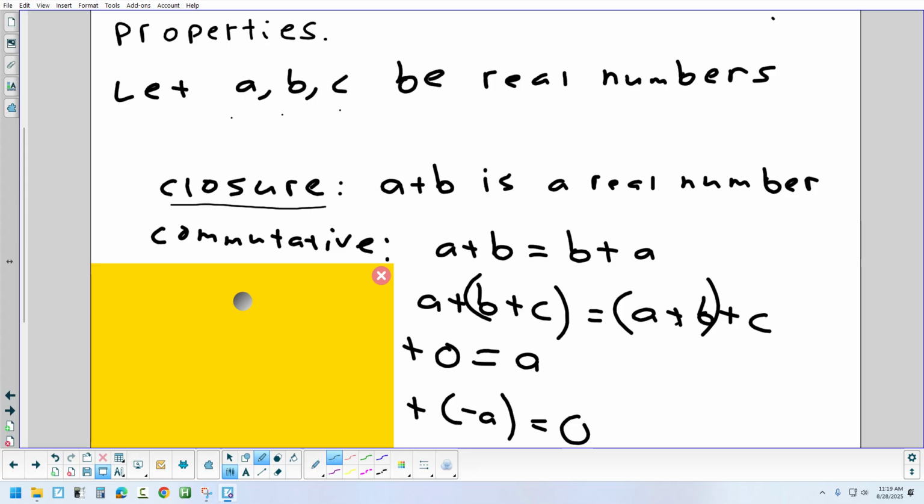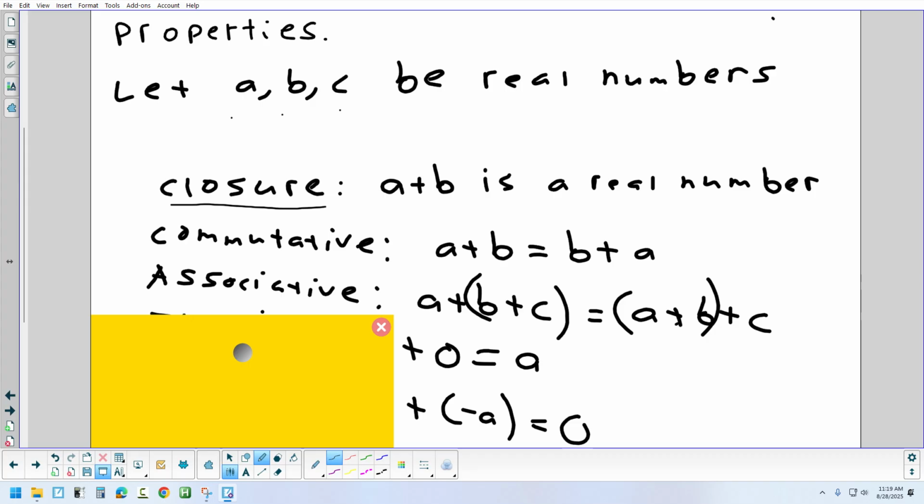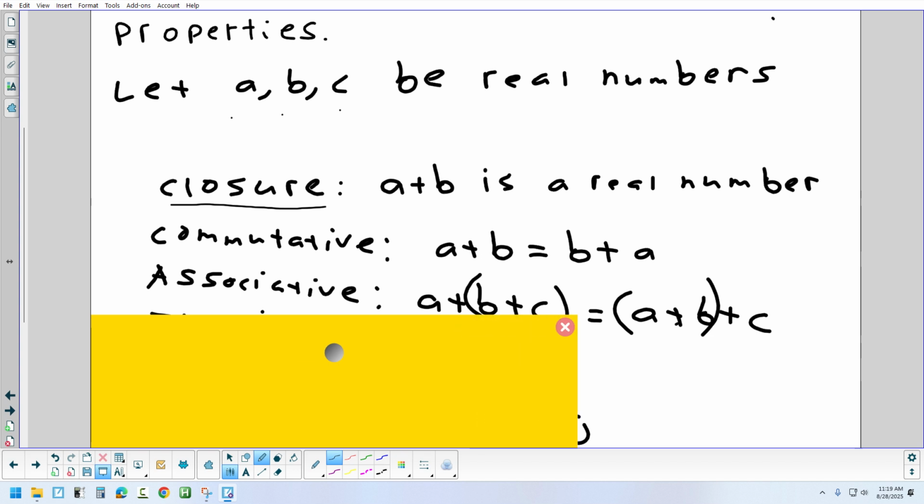It begins with an A. Associative. It's like who you associate with. So parentheses basically group the B and the C together in the first case, and the A and the B in the second, but it doesn't matter. You're going to get the same result.